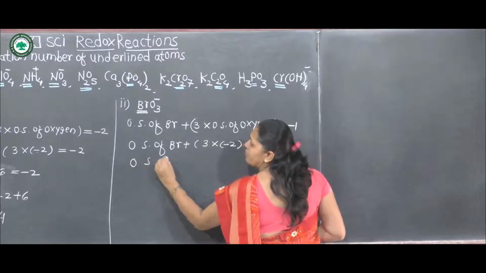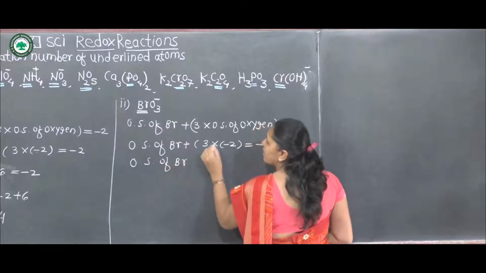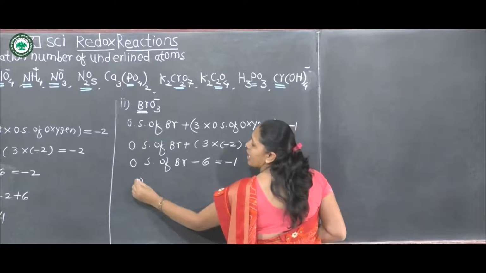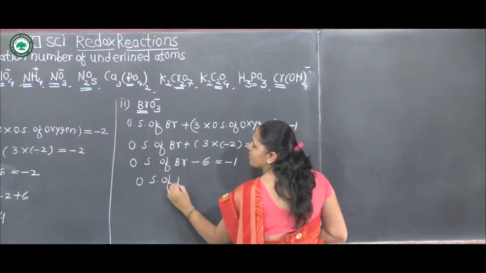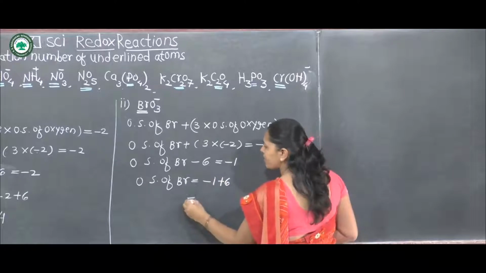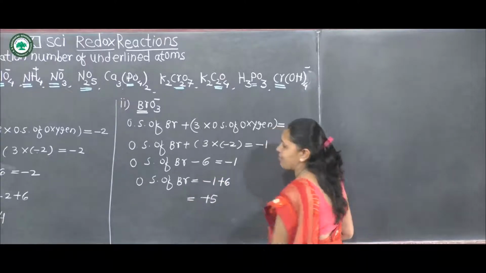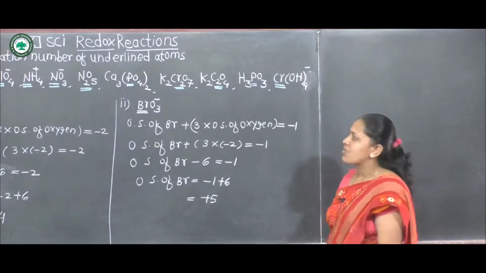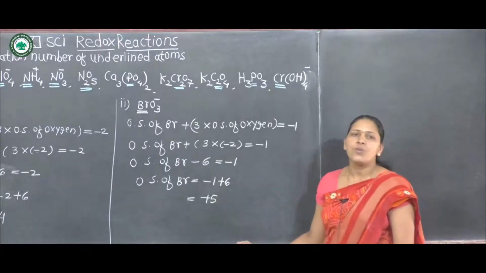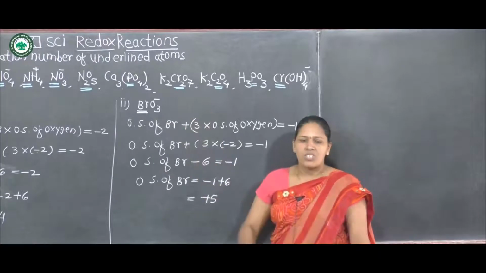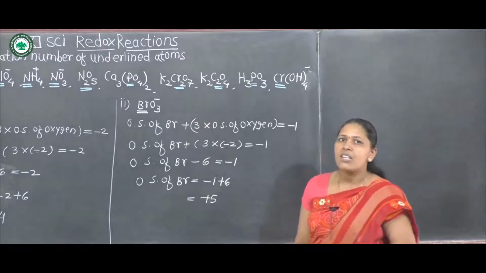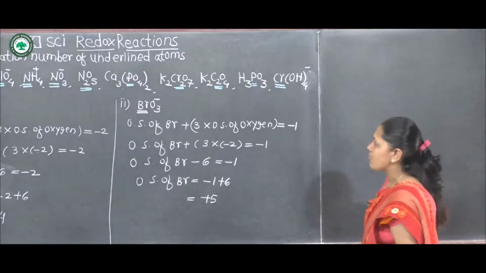Oxidation state of bromine, 3 multiplied by -2 is -6, equal to -1, and the oxidation state of bromine is equal to -1 plus 6, which is +5. It is positive because it is attached to oxygen. Even though it is a halogen, it shows positive oxidation state because it is attached to oxygen.